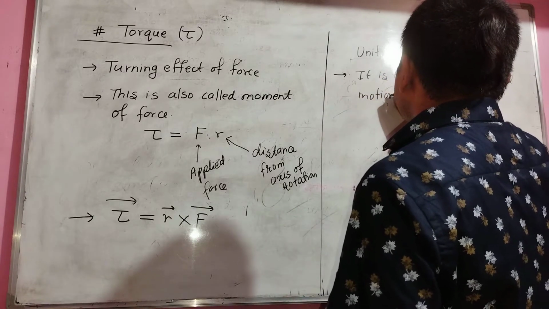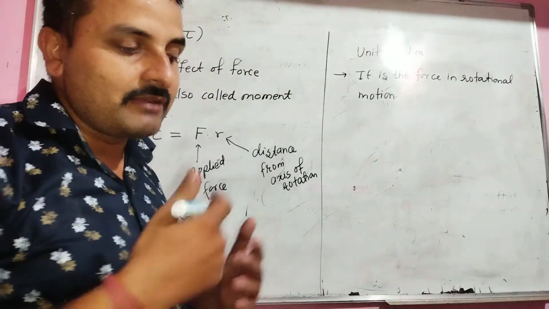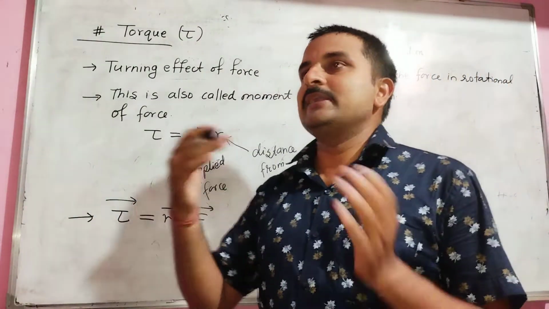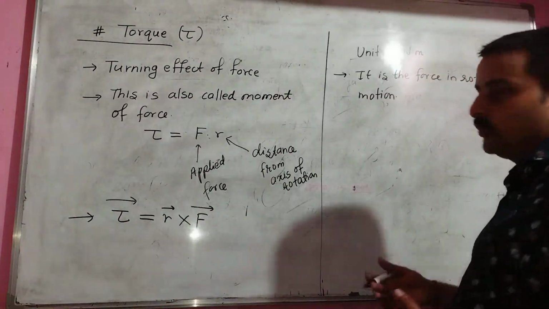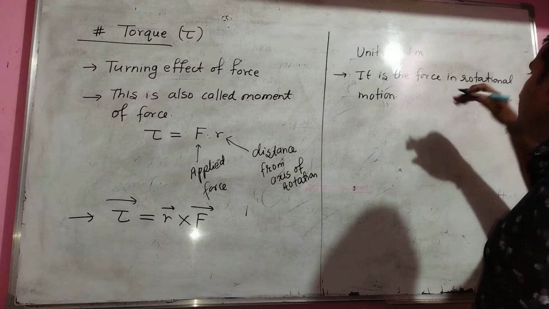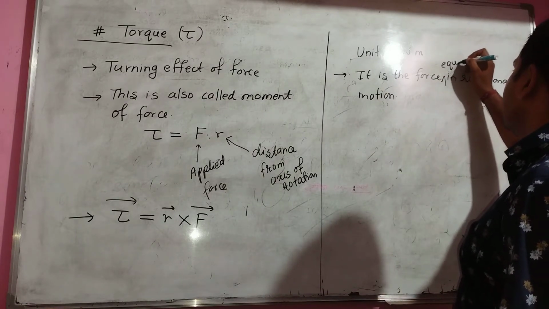Or we can say that in translational motion, the role is played by force, and in rotational dynamics, the same role is played by torque. So it is the force equivalent, we can say.